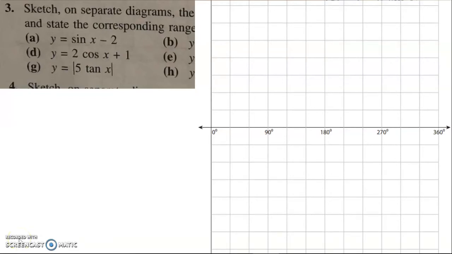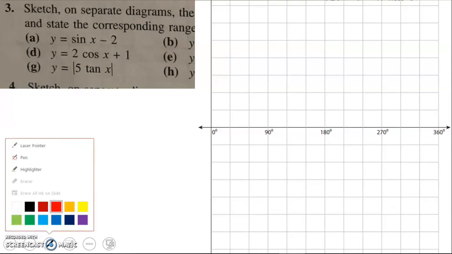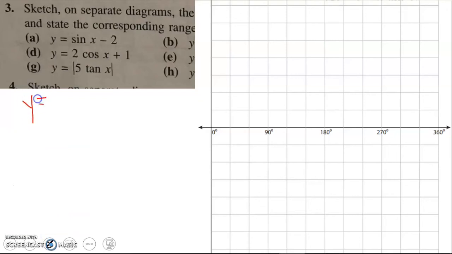For F we have the following. It says y is equal to the absolute value of 3 sine x minus 2. Okay, all of this is obviously within absolute value.